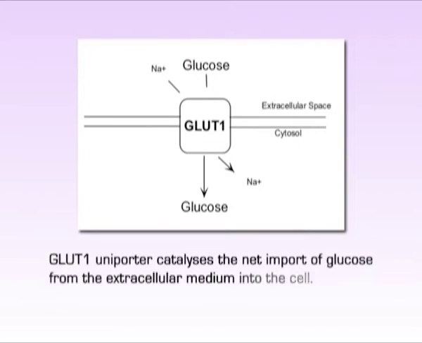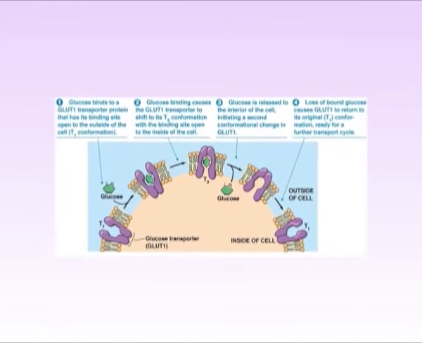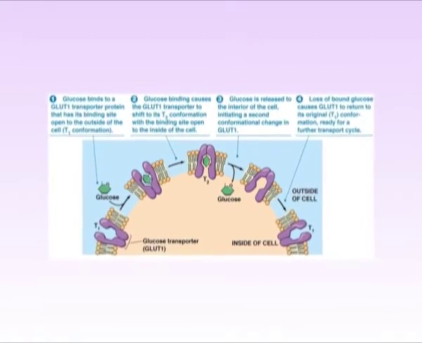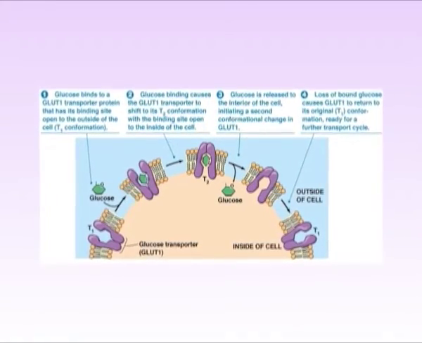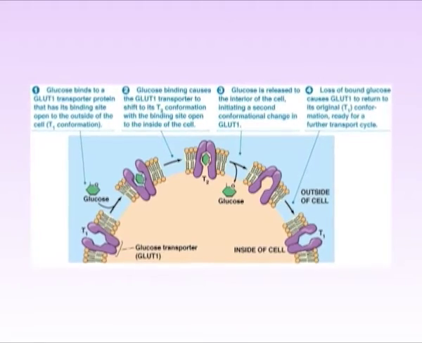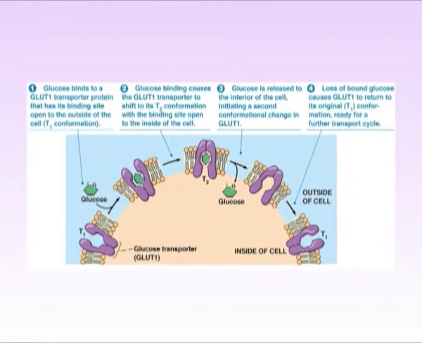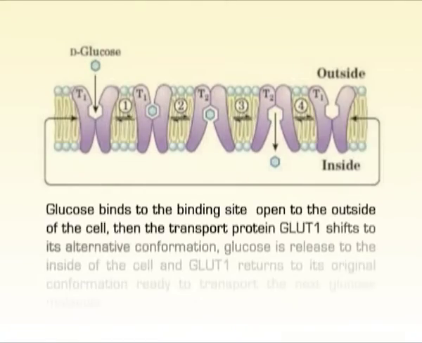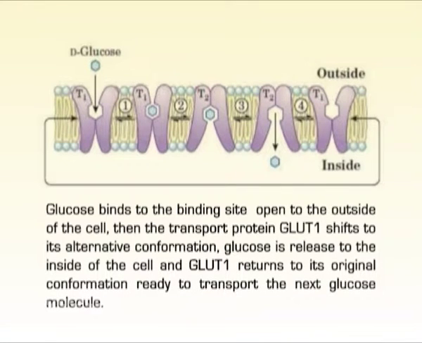GLUT1 uniporter catalyzes the net import of glucose from the extracellular medium into the cell. The following diagram depicts the sequence of events occurring during the unidirectional transport of glucose from the cell exterior inward to the cytosol. Glucose binds to the binding site open to the outside of the cell.